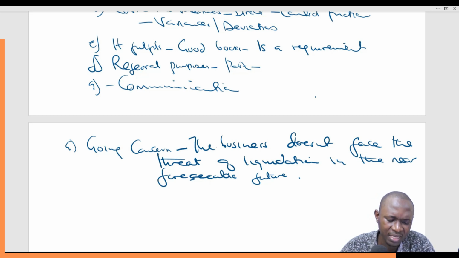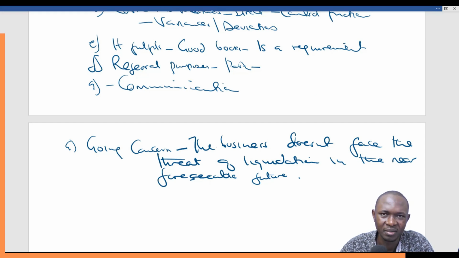So going concern means that at least we are sure the business is there to stay for a considerably longer period of time, and that the business is not faced with the threat of liquidation. Liquidation is where the business basically comes to be wound up because of one or two reasons.